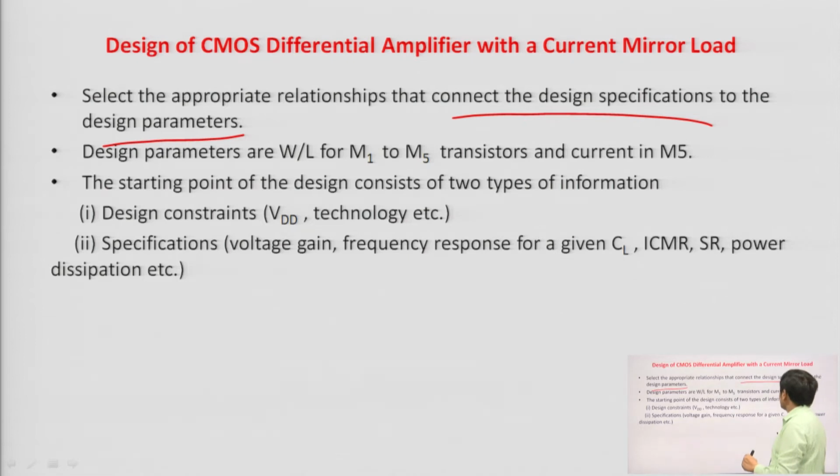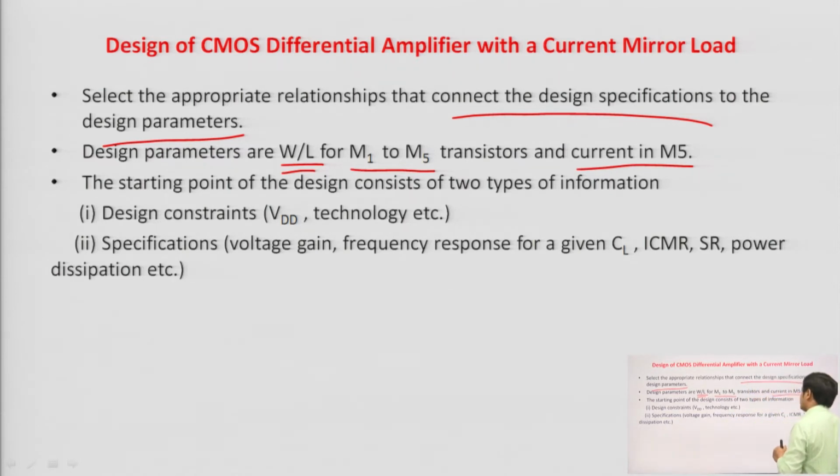It means that we have certain design specifications. To meet those design specifications, we decide some design parameters. For example, the design parameters are the W by L ratio, that is the aspect ratio, for M1 to M5 transistors, and the current in the M5 transistor, right, that M5 is acting as a current source.